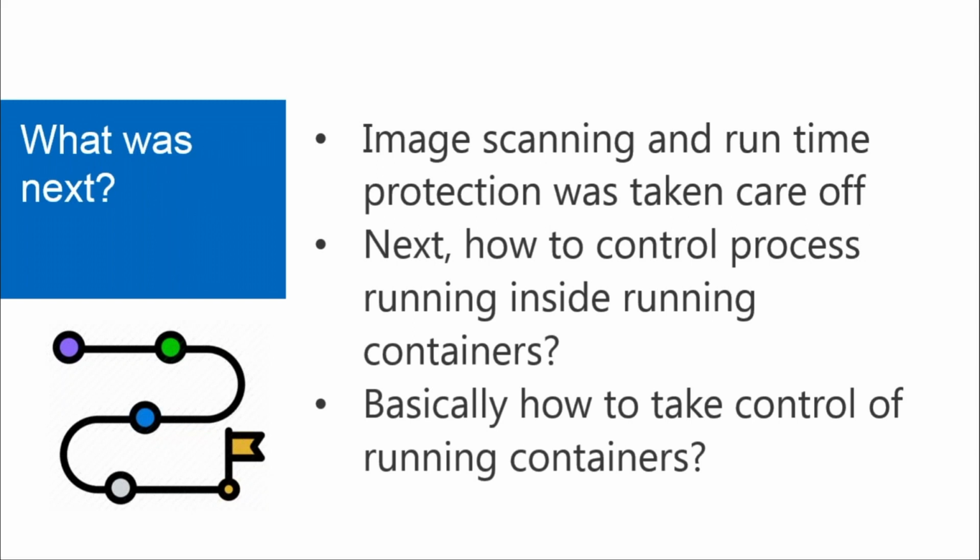For example, a developer develops an image, it's clean, and by default it has a telnet process or an SSH process running. It passes the first stage and goes into deployment because it doesn't have any high CVEs. It's up and running, but ideally we don't want such a process to be running.